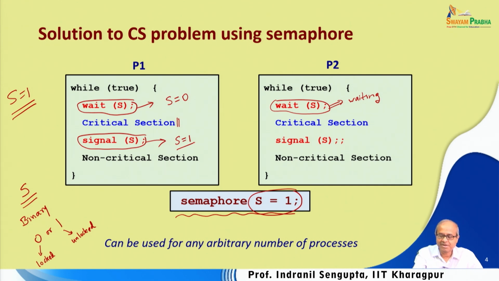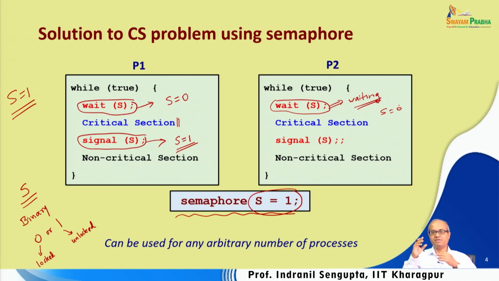As soon as S becomes 1, the other process which was waiting will see that S has become 1, come out of the while loop, and make S 0 again. Like this it happens, and this will work correctly for any number of processes. This is not necessarily true only for 2 processes.